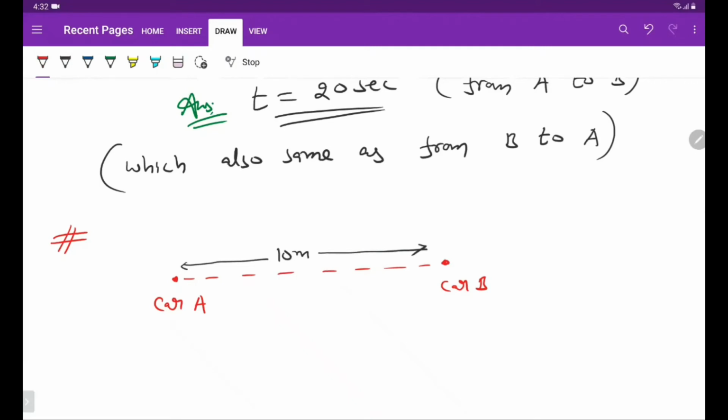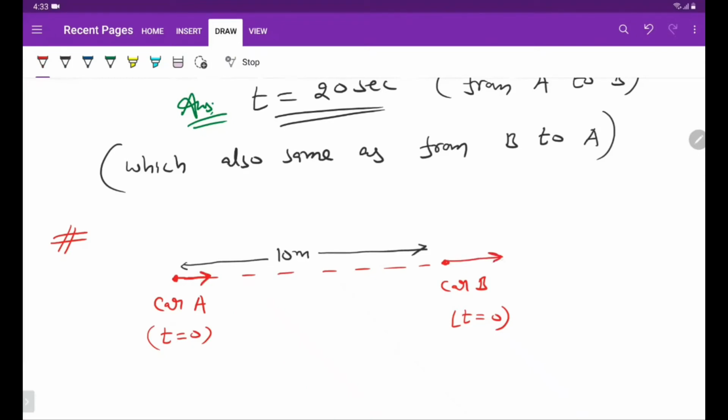Car A and car B start moving at the same time. At time t0 this car started, and at time t0 this car started, in the same direction along the same line. This one is moving right side, and this is also moving right side.